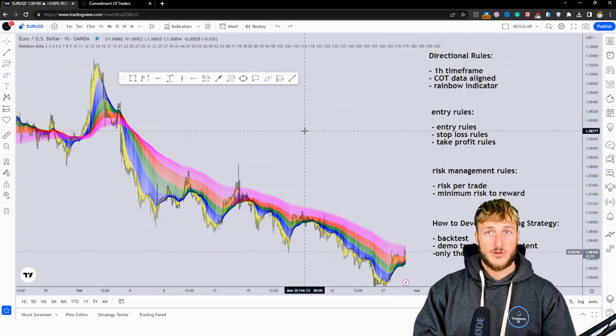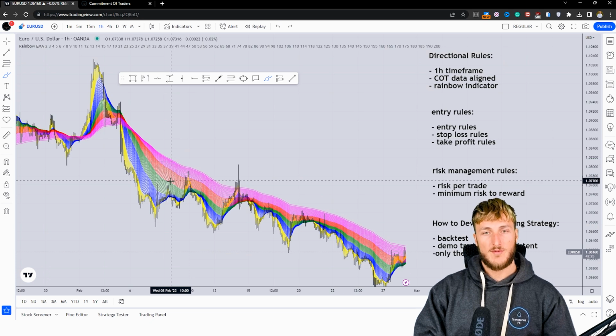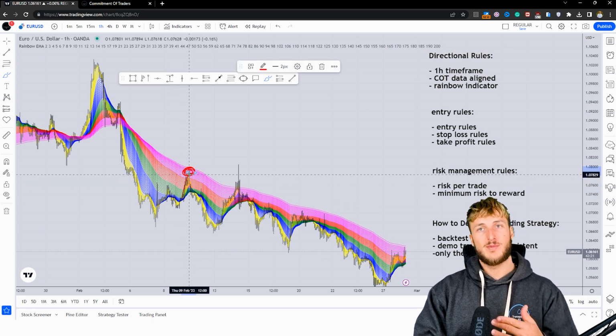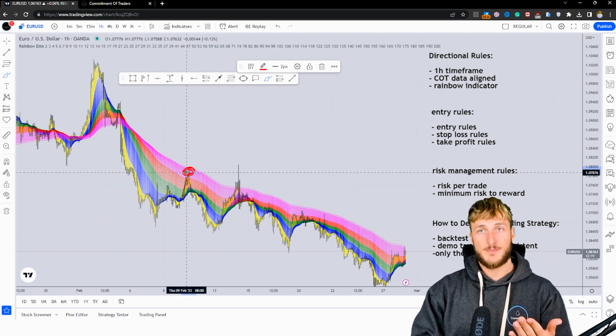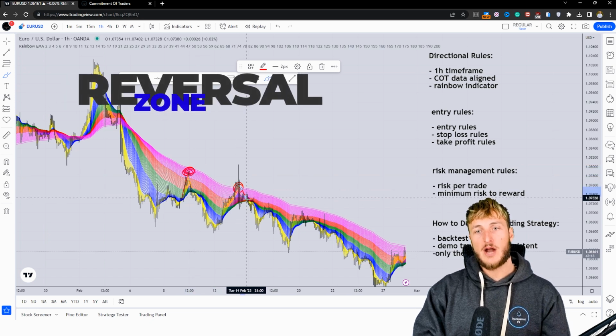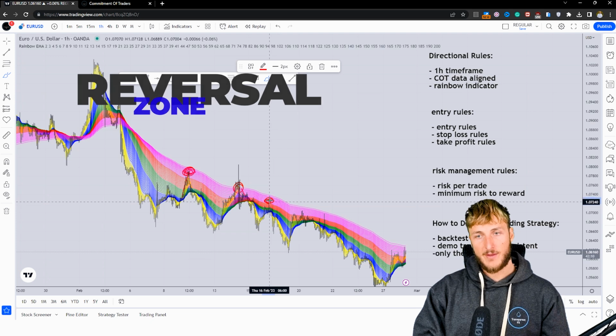If you already have determined that, you want to have a market that goes and hits the slowest EMAs, so essentially becomes overextended to the upside in a bearish market, because at that point, that is where you have the highest probabilities of getting a reversal away from the area, right?